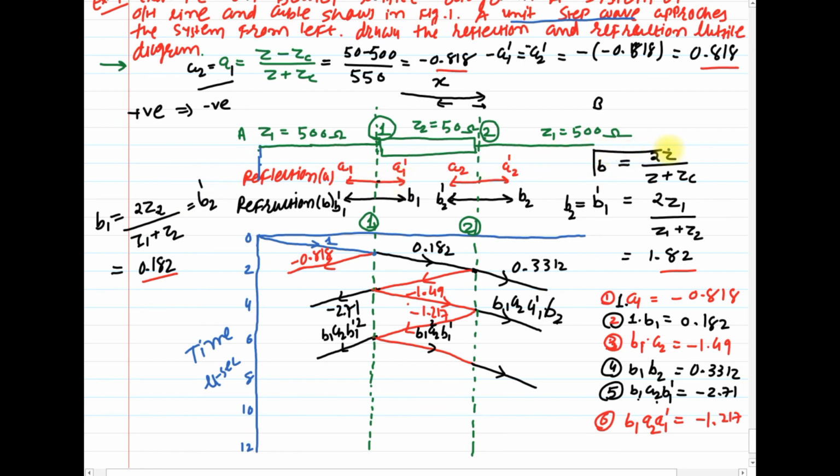Here this is the generalized equation for the refraction coefficient, and in that we have to select this impedance based on which the traveling wave travels. If it travels on the transmission line, then we have to select this value of Z for the surge impedance of the transmission line, and if it travels on the cable, then we have to select the value of this Z for the surge impedance of the cable.